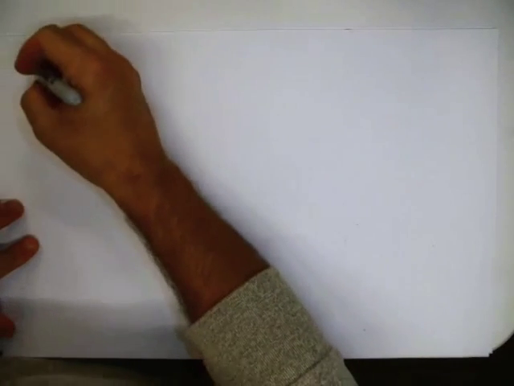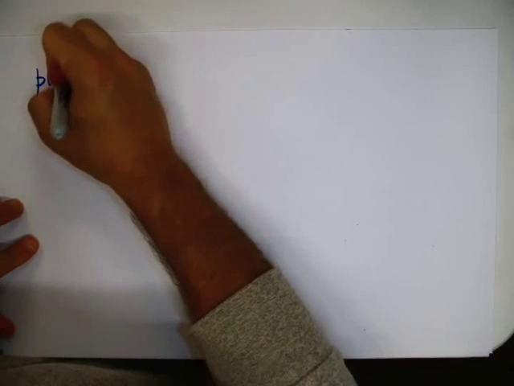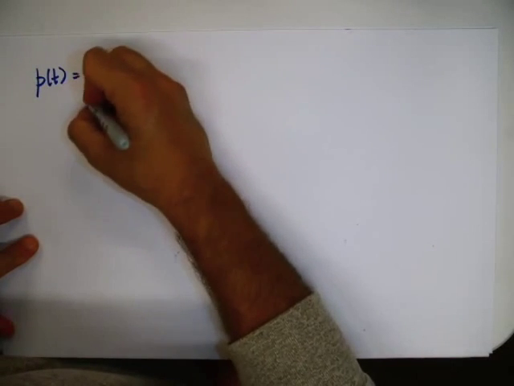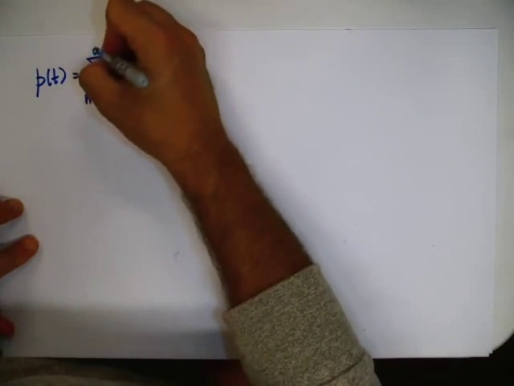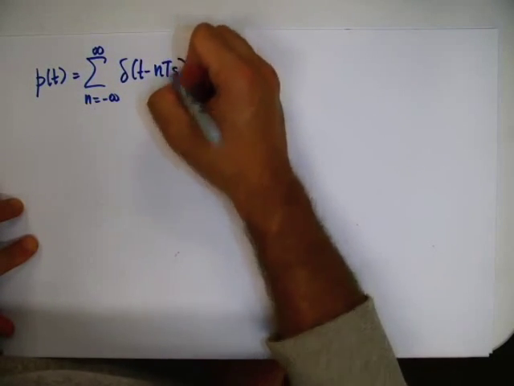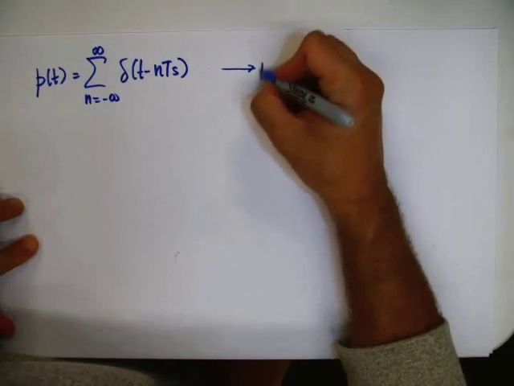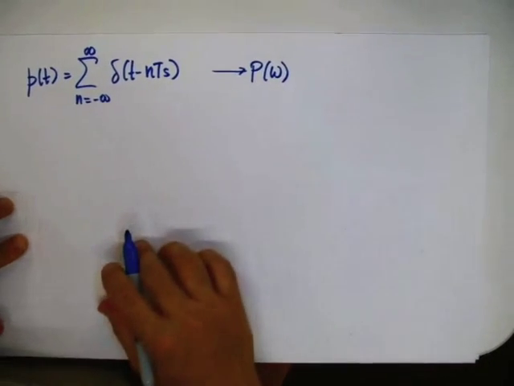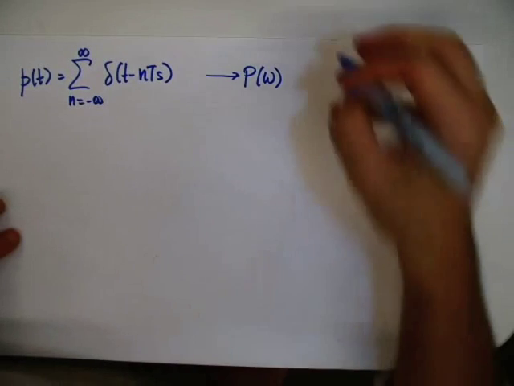What we have shown basically is that if I take the Dirac train, the corresponding Fourier transform has two expressions.